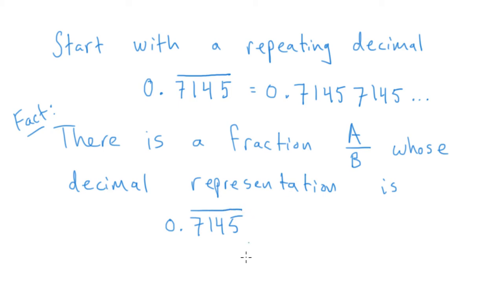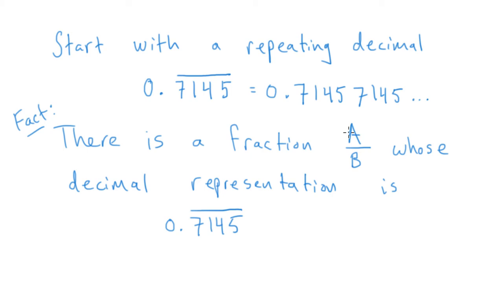And now I really wanted to make the point that I wrote down a very specific decimal number, but I literally could have written down any repeating decimal, and this fact is still true, that there is a fraction, so a ratio of two whole numbers, whose decimal representation is exactly this number.